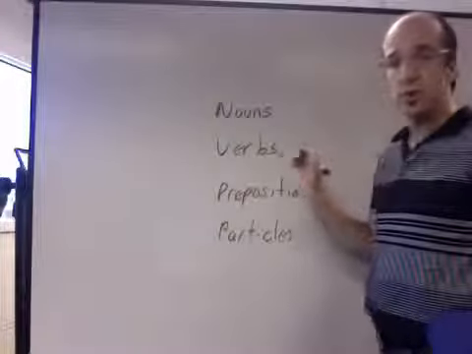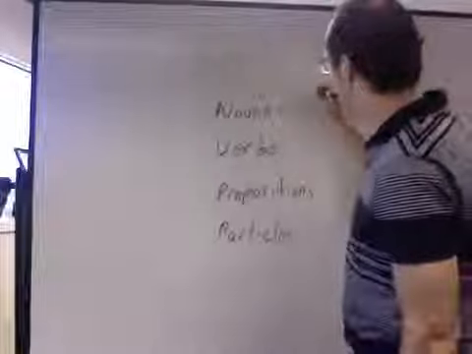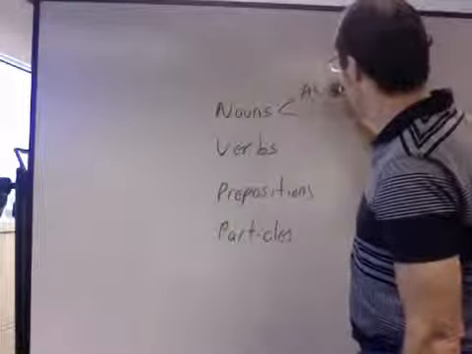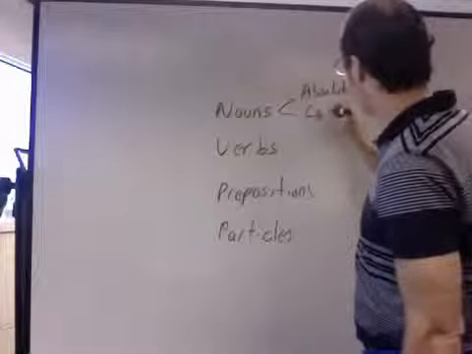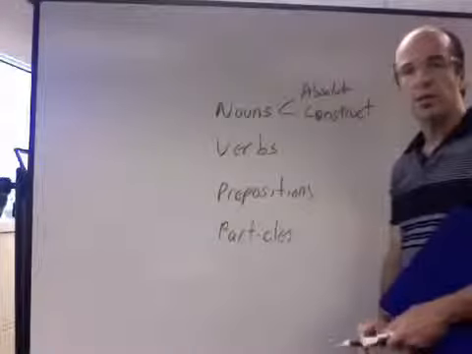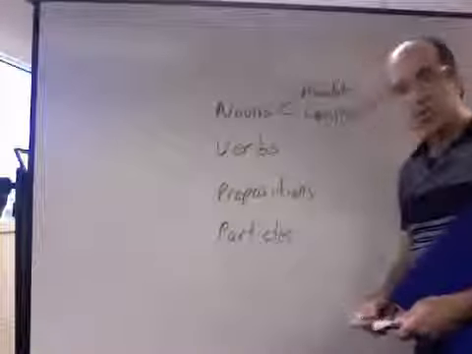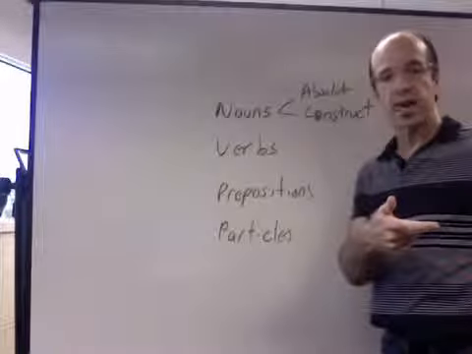Now, in terms of nouns, the key thing here is going to be looking at nouns in the absolute state and in the construct state. And when you look at Arnold Choi, your nouns in the absolute state are principally going to be your subject nouns, your object nouns.